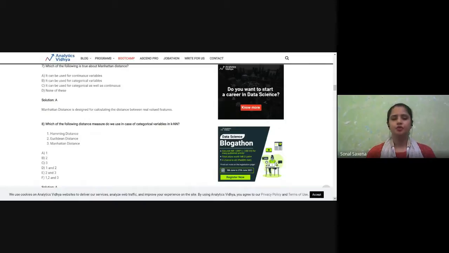Should we choose Hamming distance, or Euclidean distance, or Manhattan distance? So you need to decide upon the categorical data. Is it the first, or is option 2 correct, or is it 3, or can we have both 1 and 2, both 2 and 3, or are all of them correct? Can we use all 3 of them for the categorical variables in the k nearest neighbor algorithm?